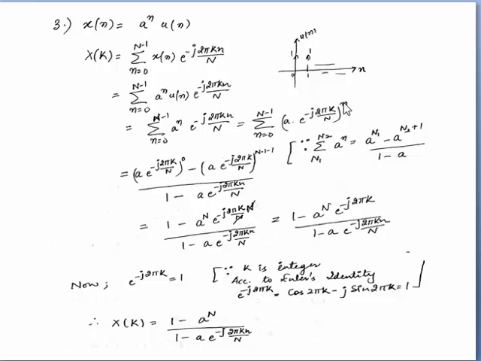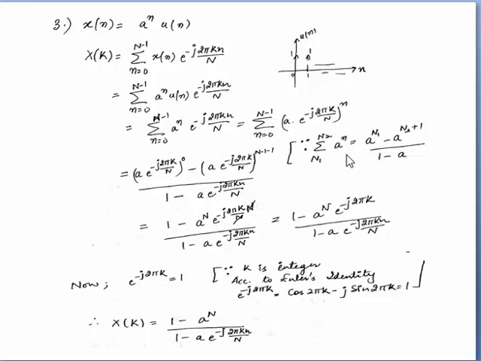Now we know the formula of summation n from n1 to n2 a raised to power n is equal to a raised to power n1 minus a raised to power n2 plus 1 over 1 minus a. Here a is this term a into e raised to power minus j 2 pi k over N. n1 is 0, n2 is N minus 1.